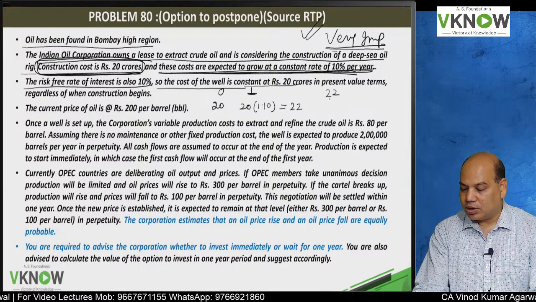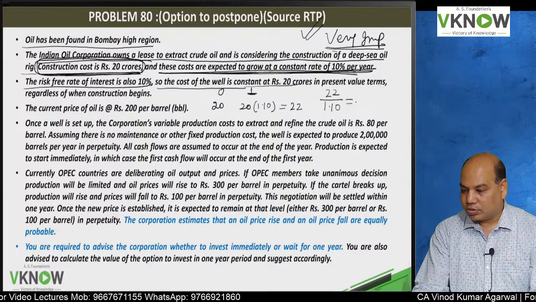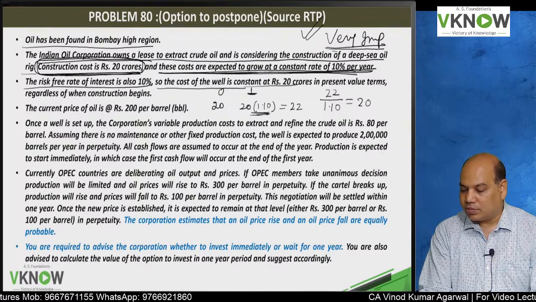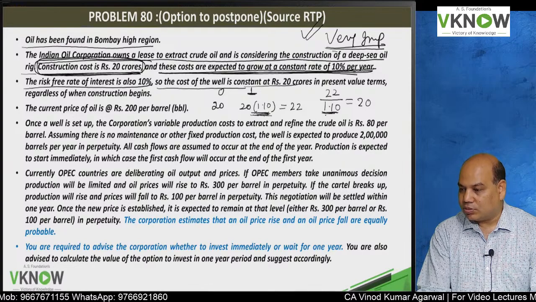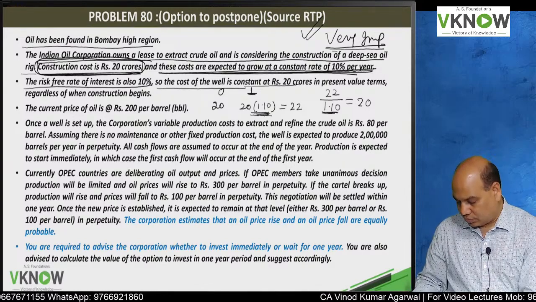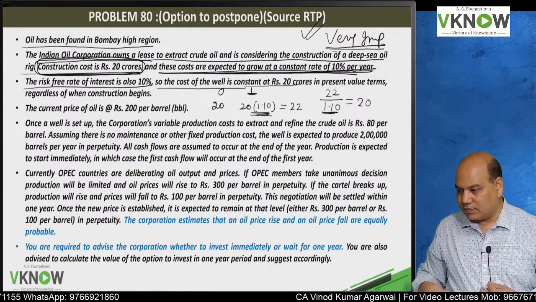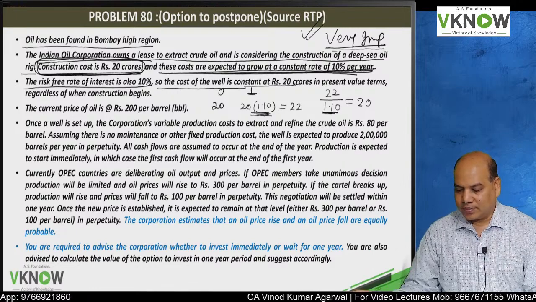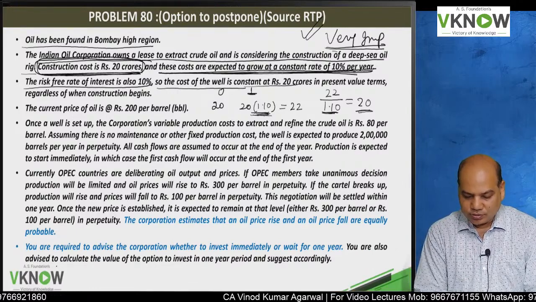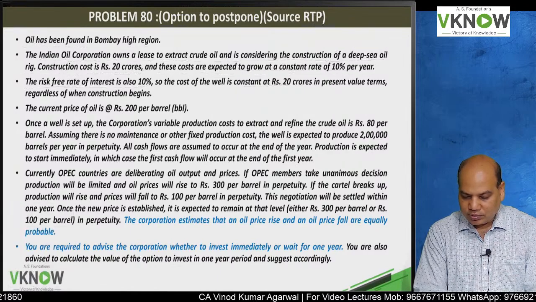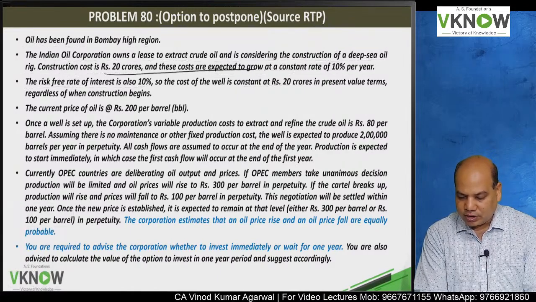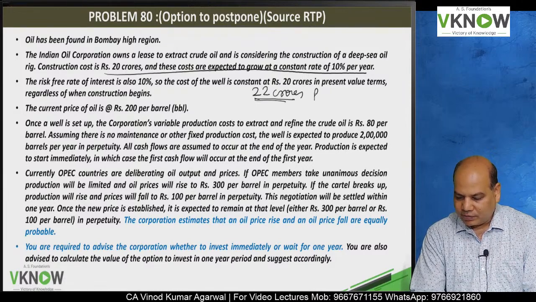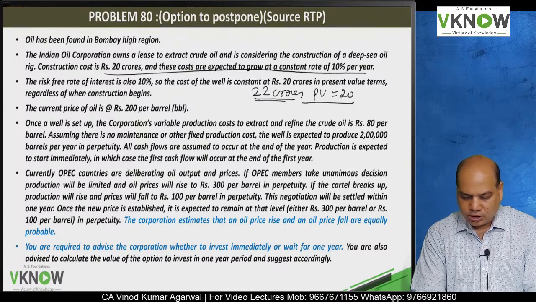This means that if I compute the present value, it will come back to 20 crore, because cost will increase by 1.10, but when you discount it by the same factor, you are going to get the same amount. So that is the meaning of this line. If you construct it after 1 year, your cost will be 22 crore. In present value terms, it will be 20 crore.